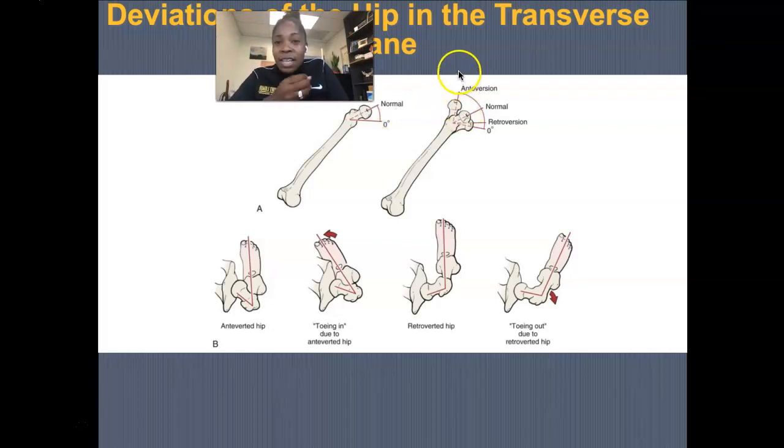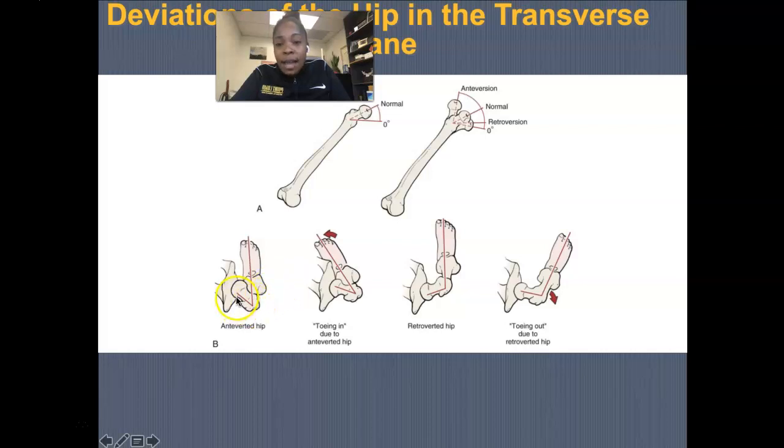When we fall outside of that 8 to 15 degrees, essentially we get two different extremes in terms of angles of torsion. The first extreme that we get is anteroversion, so an angle that's less than 8 degrees. And the second extreme that we get is retroversion, an angle that's greater than 15 degrees. So we have extremes, right? When we look at these images here, we're going to look at image 1 and image 2 first.